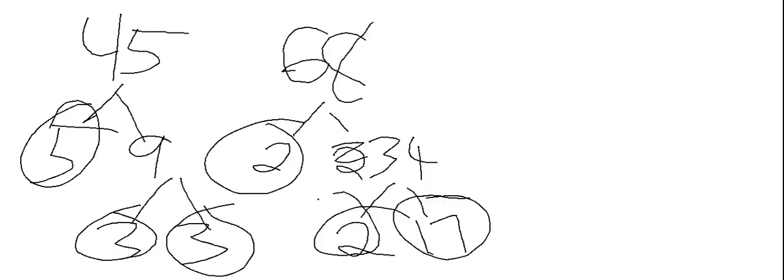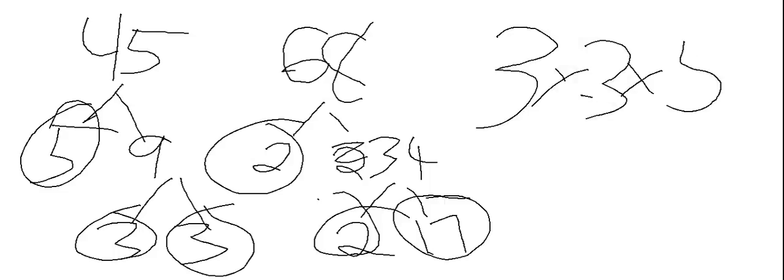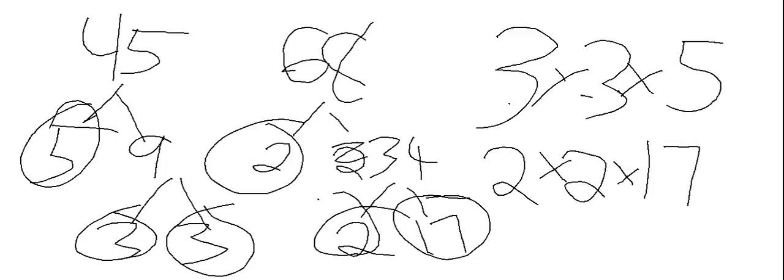So let's write that out. 3 times 3 times 5, just to check: 3 times 3 is 9, times 5 is 45. And then 68, 2 times 2 times 17, check: 17 times 2 is 34, times 2 is 68.